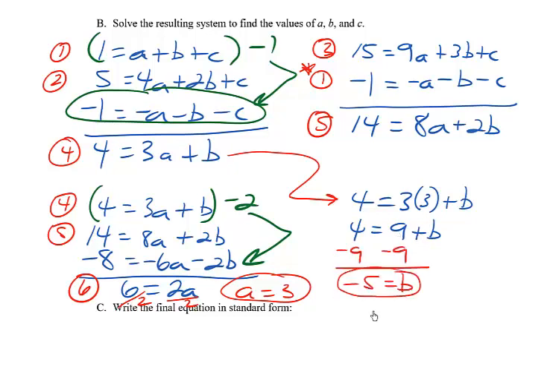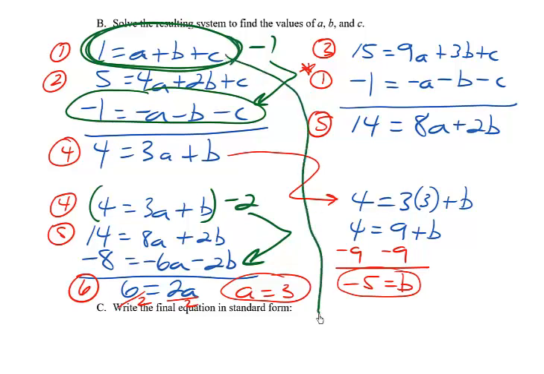Staying organized in these problems is half the battle. That's why I think numbering the equations can be helpful both for you and for me when I'm looking at your work. Drawing arrows and so forth can also be helpful. All I need to do now is find the c. I'm going to have to go back to either equations 1, 2, or 3. Equation 1 here, the original one before we multiplied by -1, that looks pretty simple to deal with.